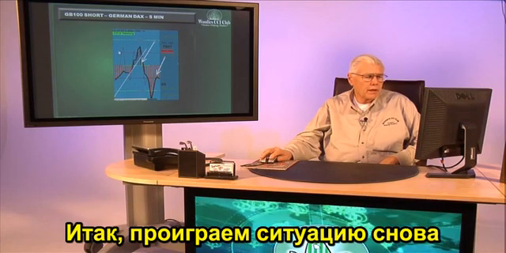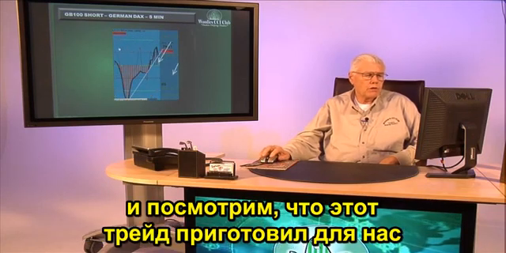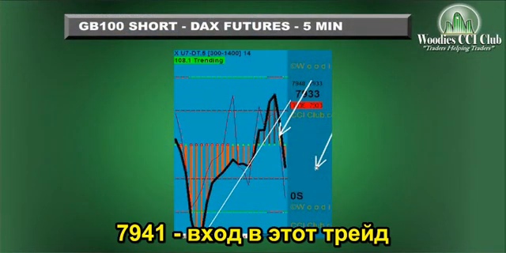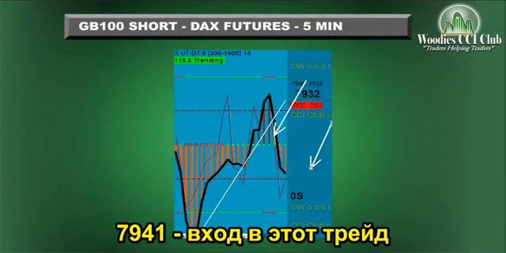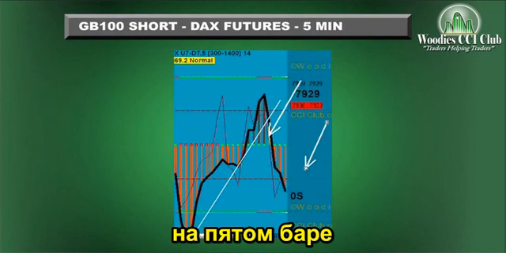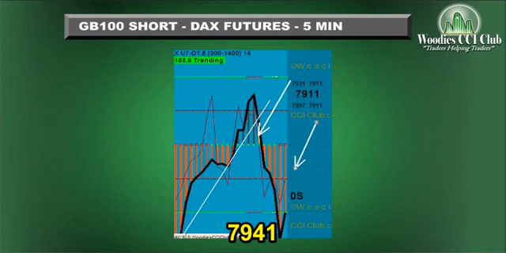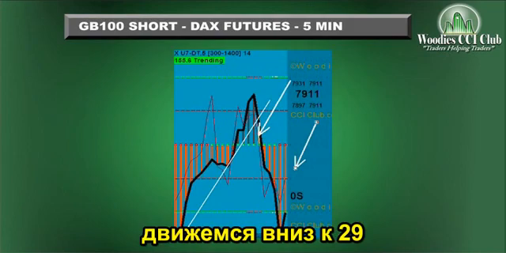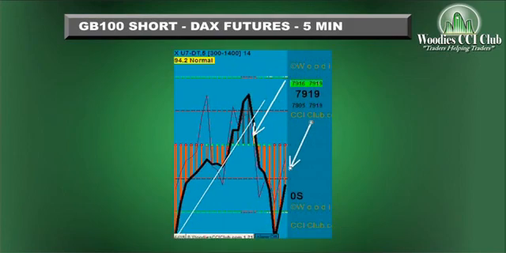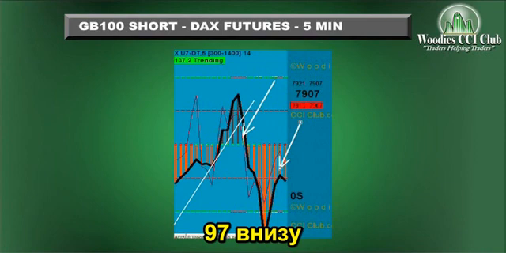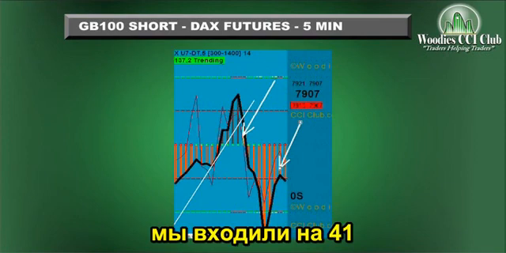So let's play that again and look what this trade got for us. 79.41 was the entry into this trade on the 5th bar. 79.41, we're down here to 29.05. 97 low. So we got in at 41.